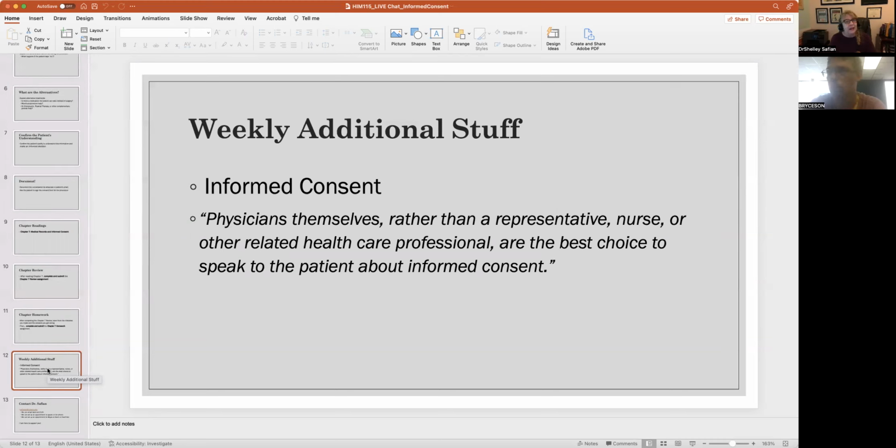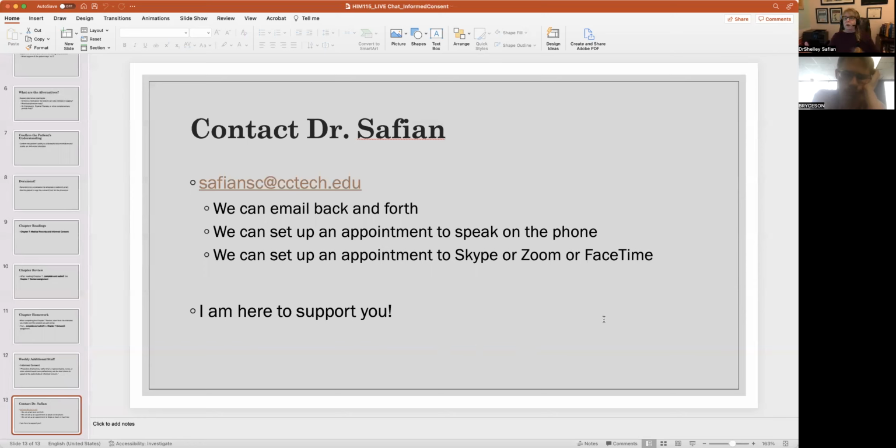However, again, we're a team. The nurse is probably going to be the one to bring in the consent form to be signed. And again, we are the backup. We're reading back through the documentation to make sure that everything is there. Okay? All right. Any questions?